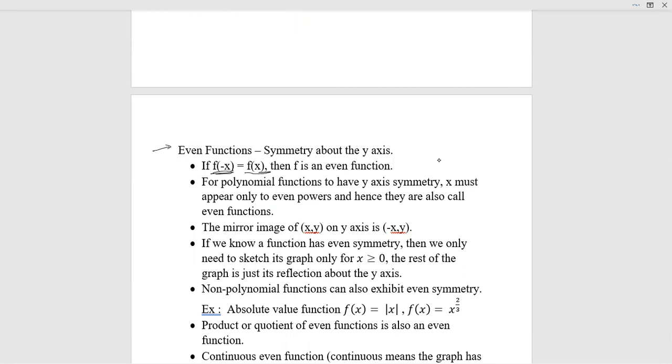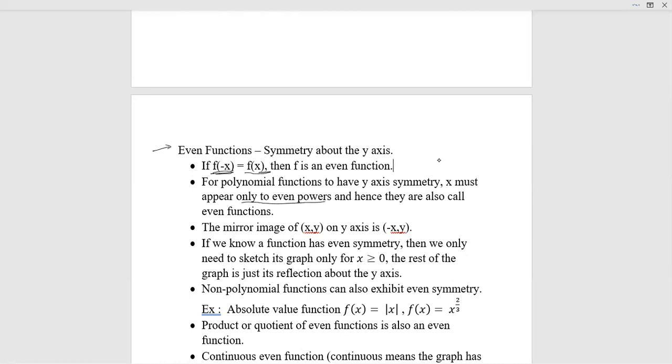Okay. For polynomial functions to have y-axis symmetry, x must appear only to even powers, and that is the reason they call them even functions. It means when you write the equation, x must appear only to even powers, right?